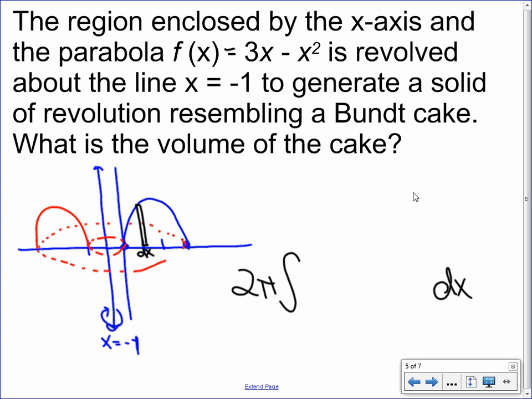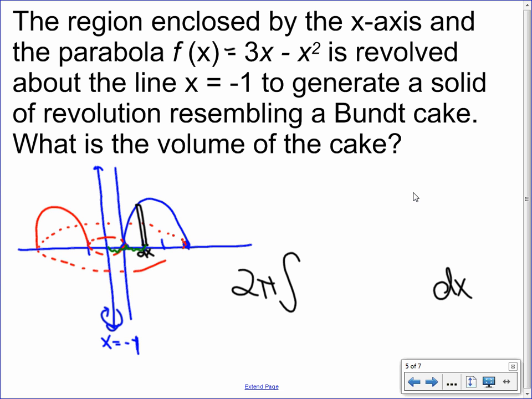Let's talk about our radius. Okay, our distance from any of our rectangles to the x-axis is how far? X. But then we have an additional 1, right? So we have this distance right here, plus we have this distance right here.